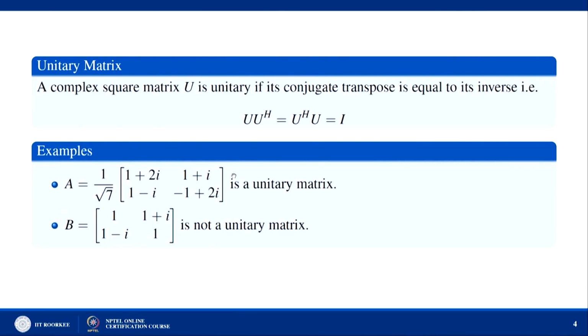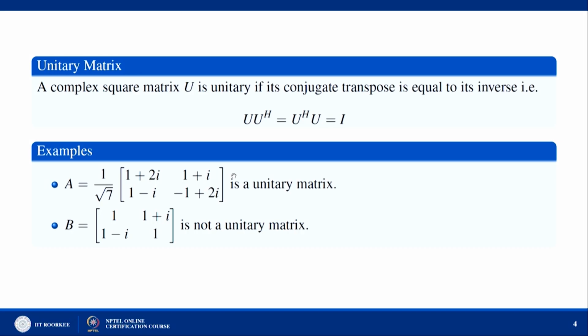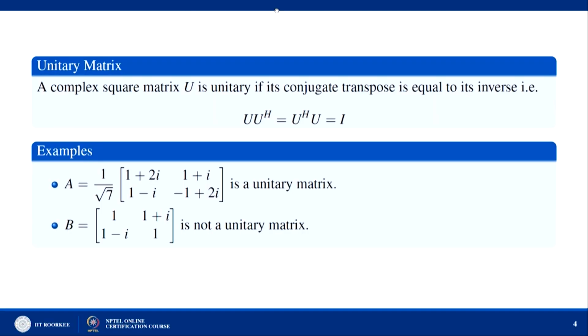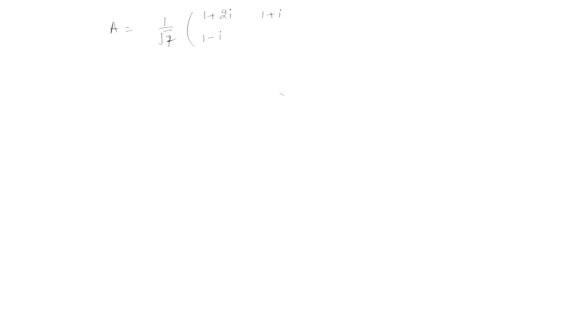Now for example, you consider this matrix A. Here A is 1 upon under root 7 times the matrix with entries 1 plus 2 iota, 1 plus iota, 1 minus iota, and minus 1 plus 2 iota.